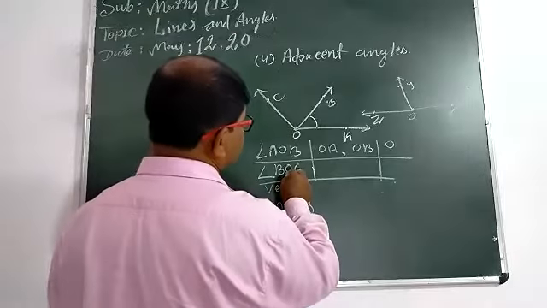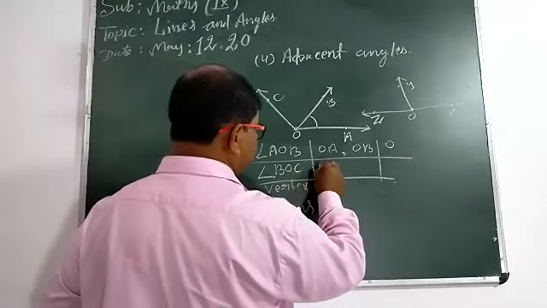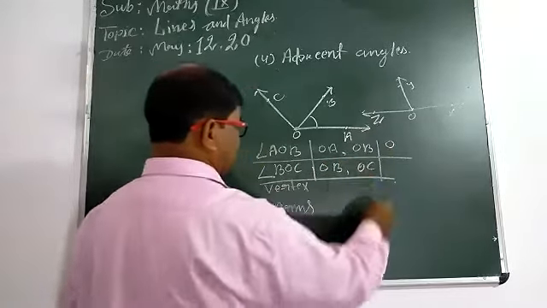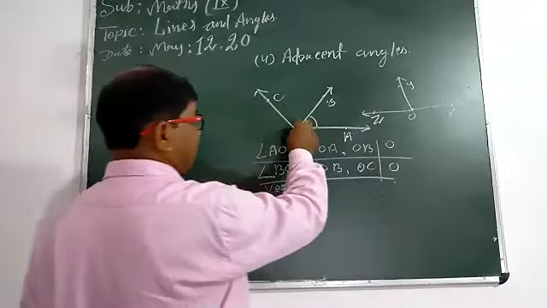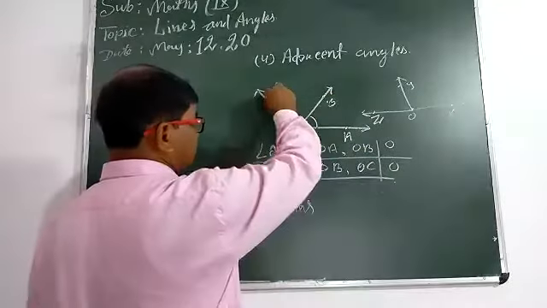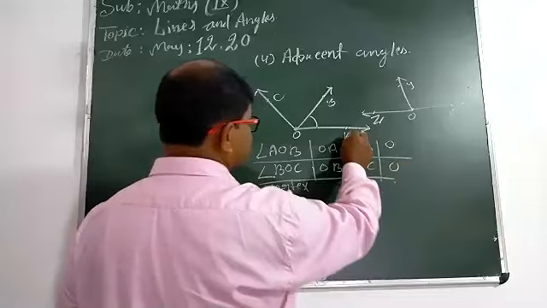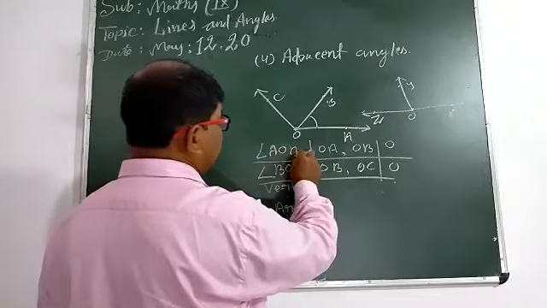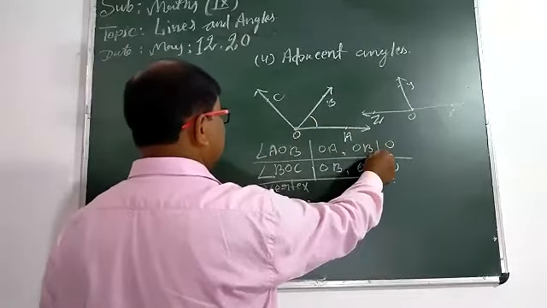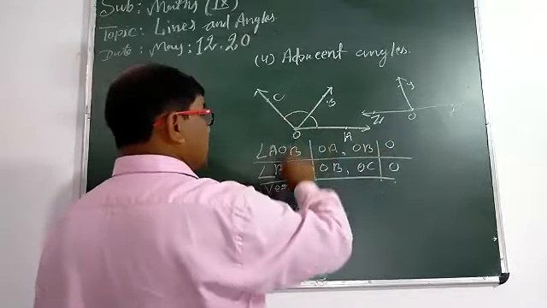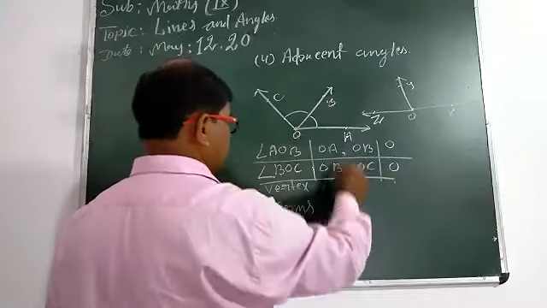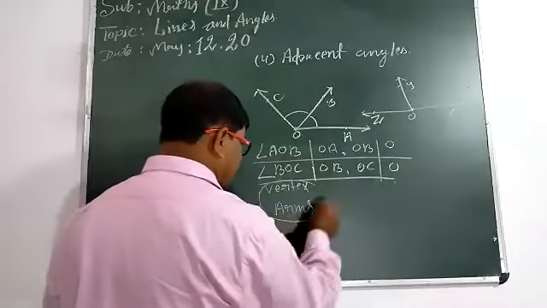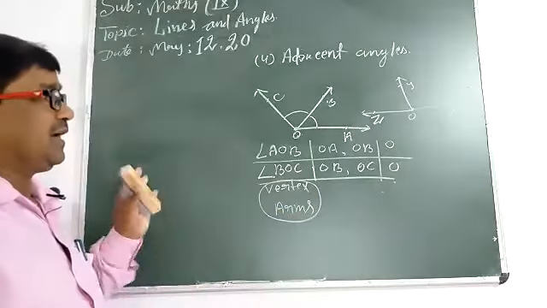So its arms are OB and OC, and the vertex is also O. In angle AOB, the vertex is O, with two arms OA and OB. In angle BOC, also two arms, OB and OC. We are thinking about vertex and arms.